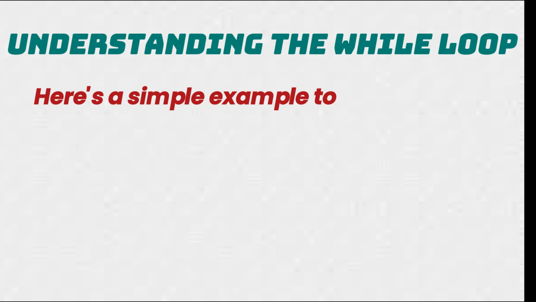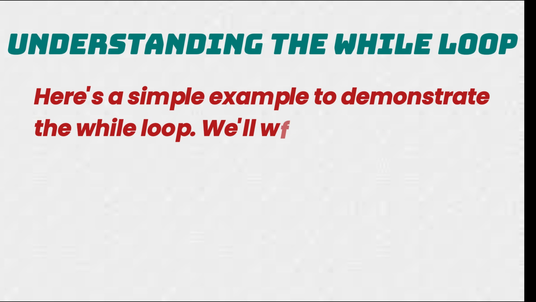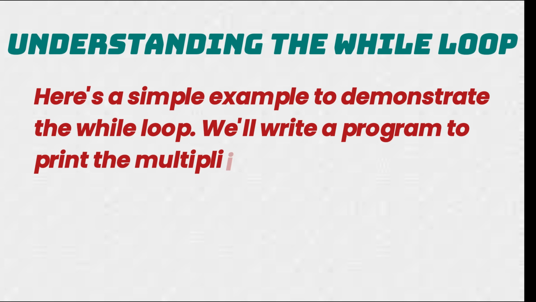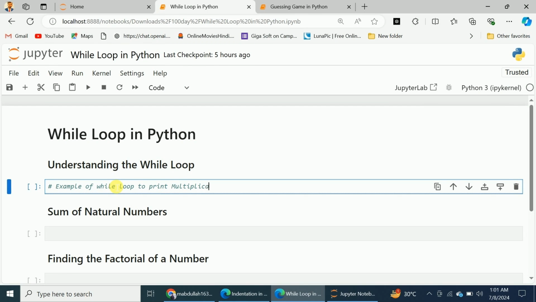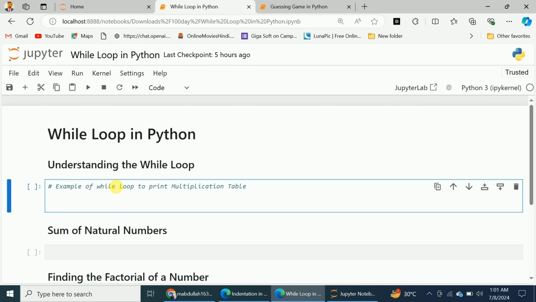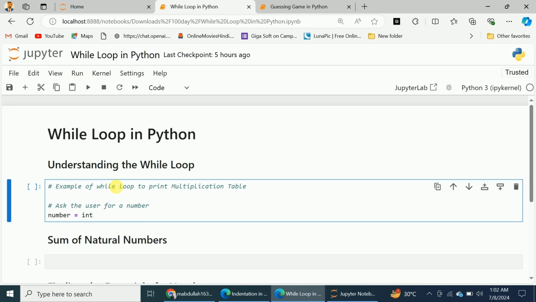Here's a simple example to demonstrate the while loop. We will write a program to print the multiplication table of a number provided by the user. Example of while loop to print multiplication table. Ask the user for a number: number = int(input("Enter a number")).